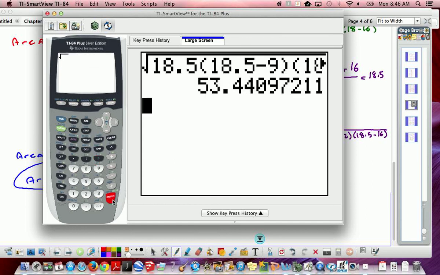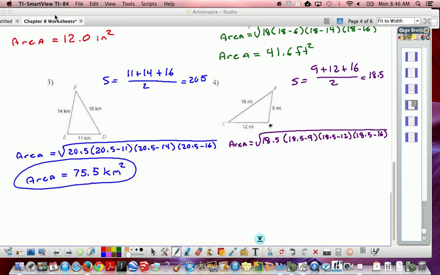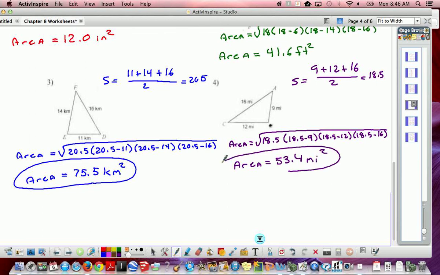Go ahead, hit enter. Gives me my answer of 53.4. So my area on this one is 53.4 miles squared. All right, that ends this video.